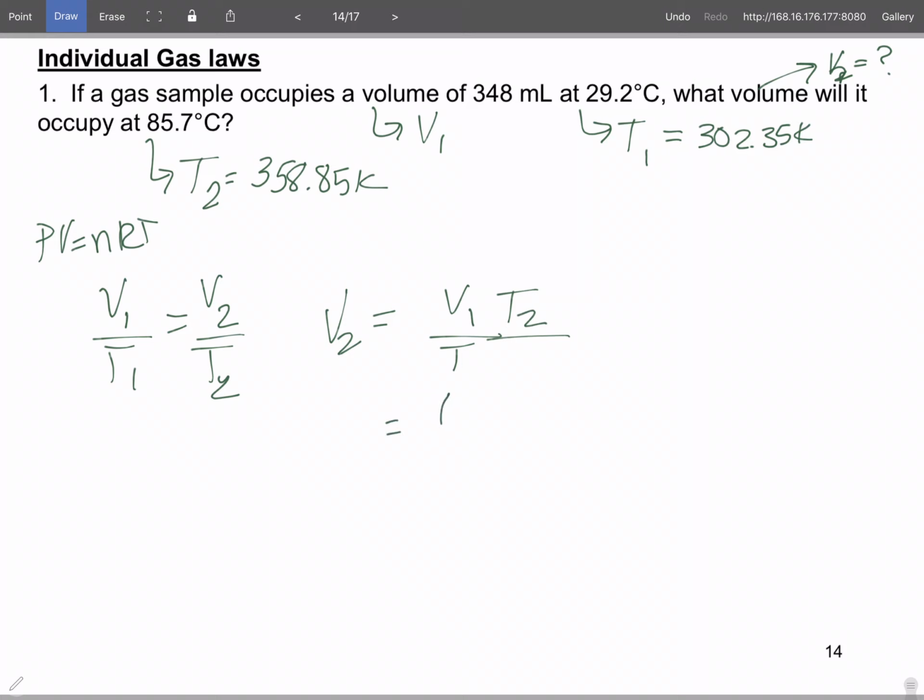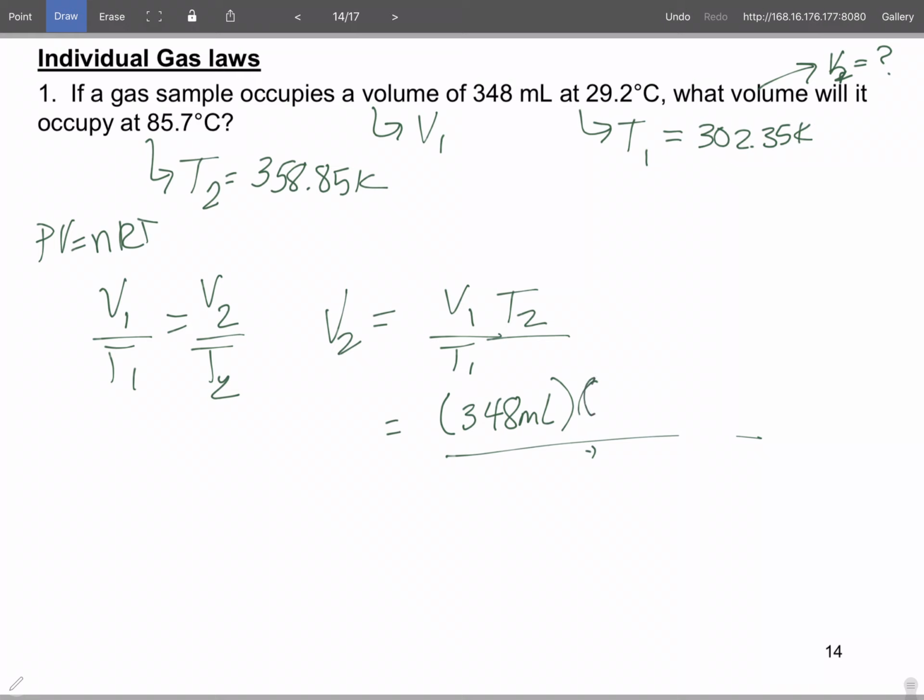So V1 is 348 milliliters. T1 is 302.35 K. And T2 is 358. Oh, wait, I just reversed those because I need T2 on top. See, reading is fundamental. And if we don't read, we get in trouble.